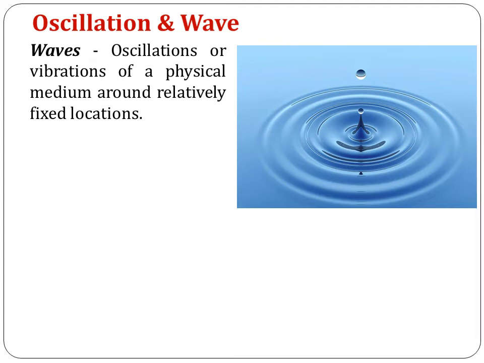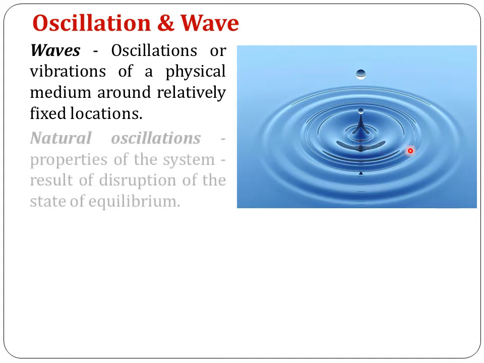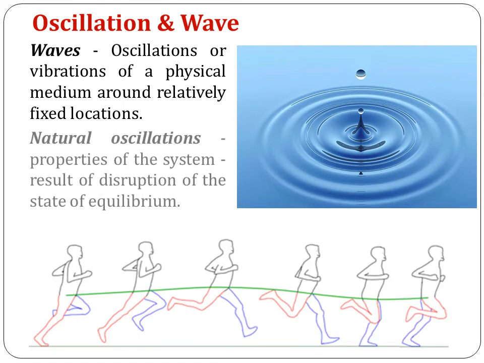In the picture of this ripple diagram, it is observed that the waves originate from the center of the ripple and progressively move outward. Natural oscillations of a physical system are caused by the properties of the system itself as a result of the disruption of the state of equilibrium. It is observed so in the case of a person who is running.